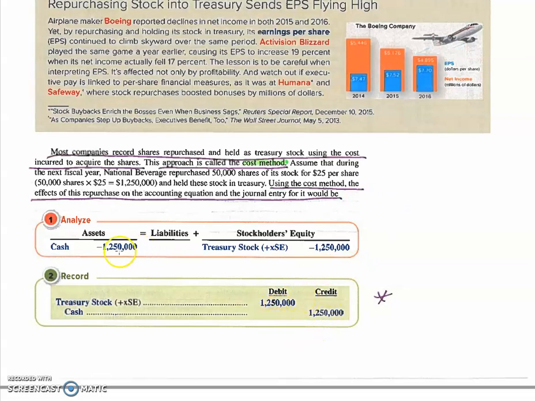That's a reduction of cash and a reduction of stockholders' equity by an increase in treasury stock, which is, again, a contra owner's equity account, carries a debit balance. It represents the amount that we have paid to reacquire our own stock.